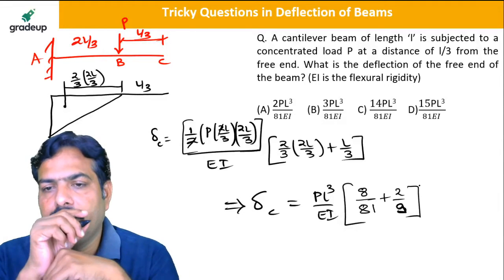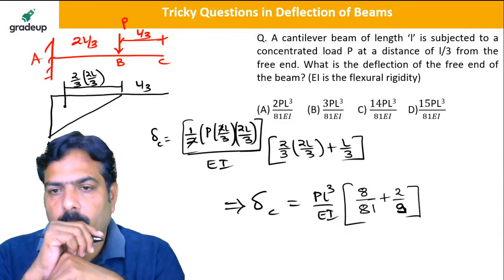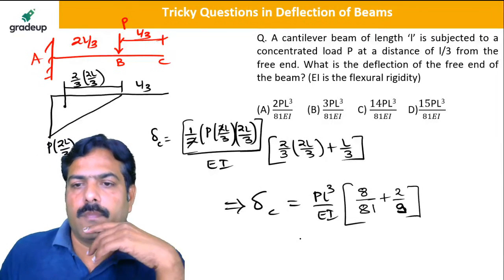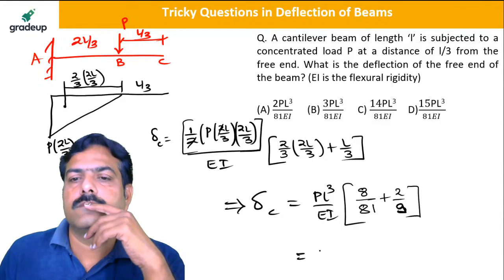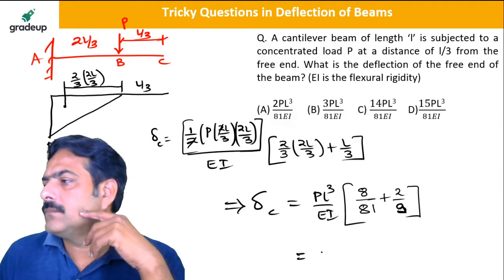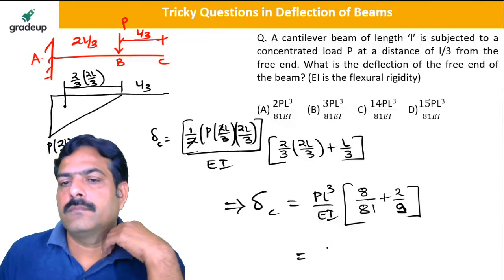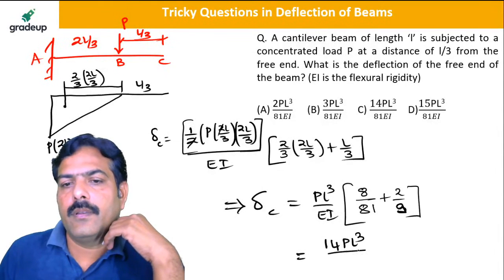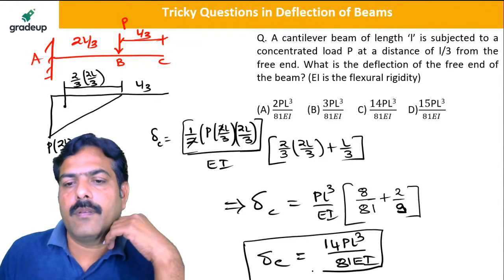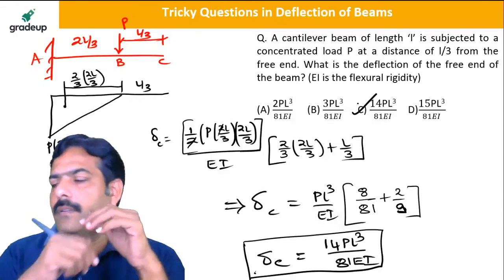Two by 9. So you will be getting it as 14 PL cube by 81 here. C is the right answer.